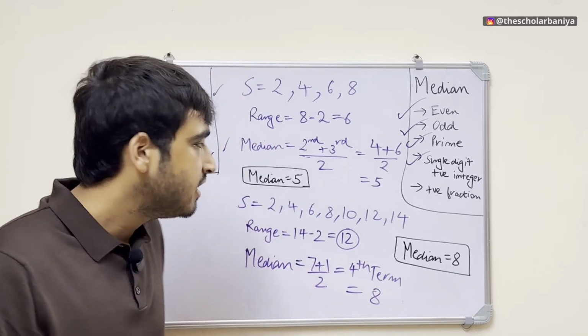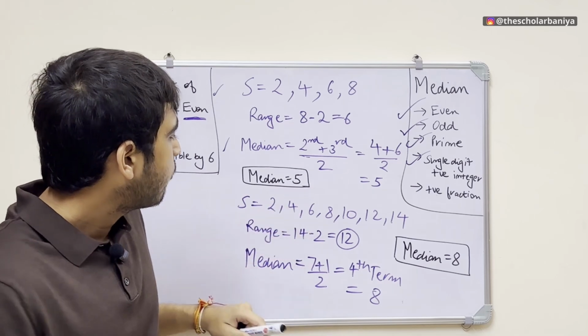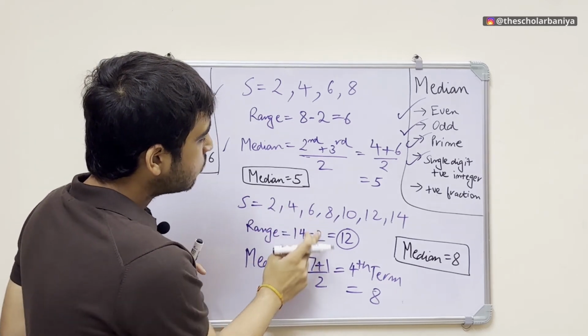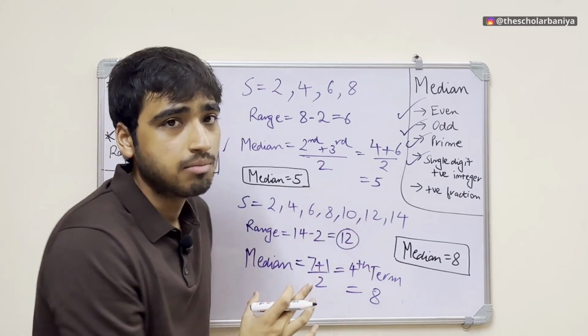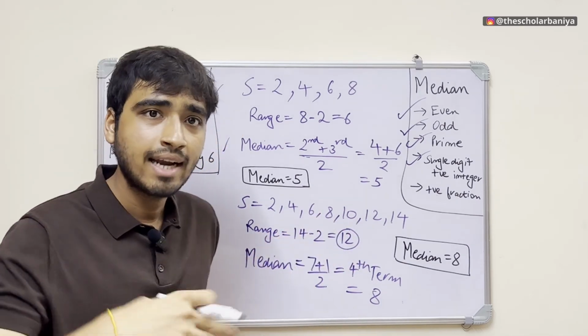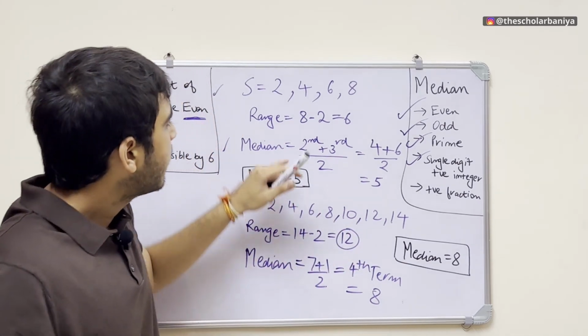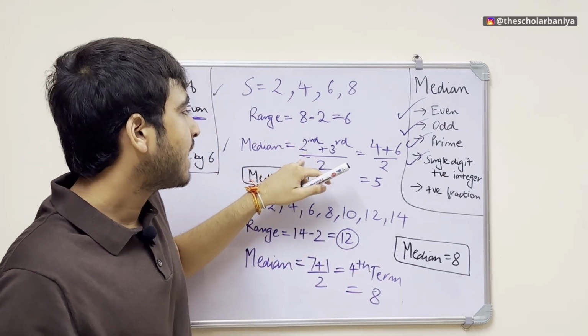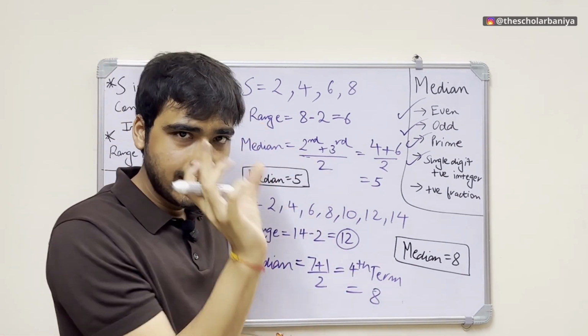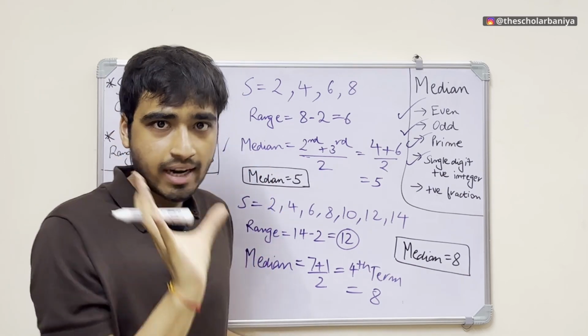Why? The reason is that if the median is any one of these terms, then obviously it will be an even number. Otherwise, the median can be one term plus the next term, divided by 2.